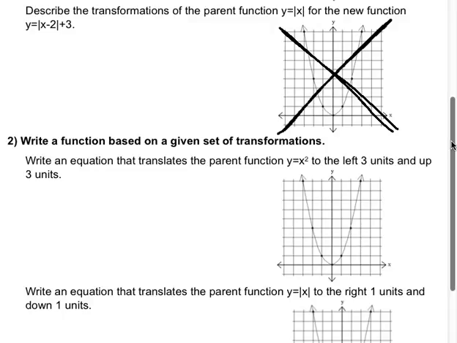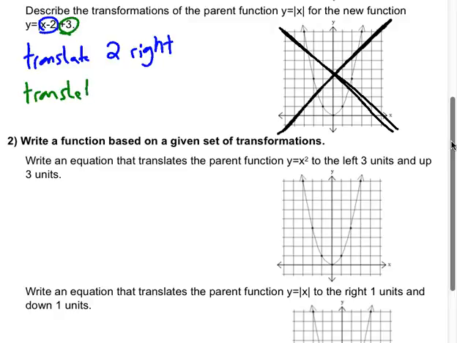So here, if I want to describe those transformations, right there, when it's on the inside of the function, that's going to translate to right. And that is going to translate it 3 up. All right, so again, all you have to be able to do for me is that's kind of the key here. Can you recognize those transformations for me?